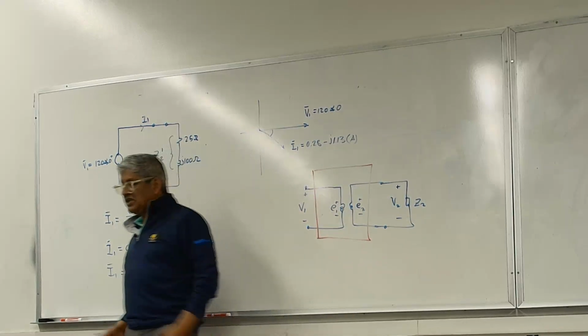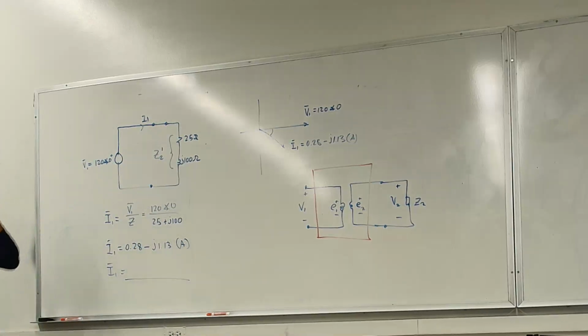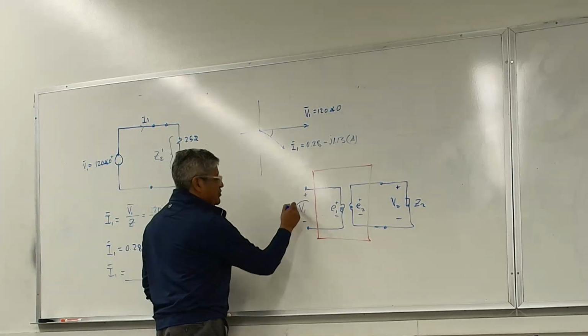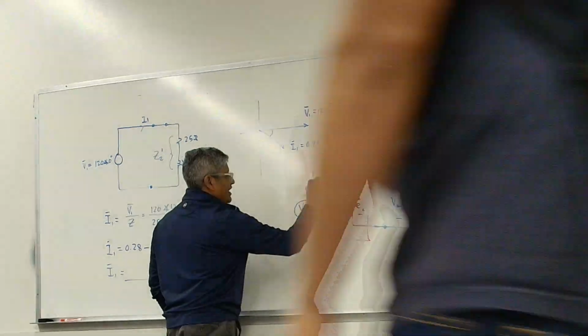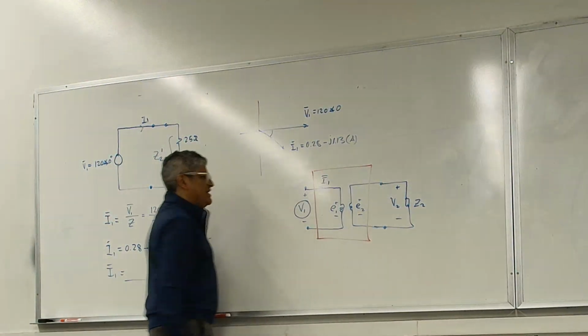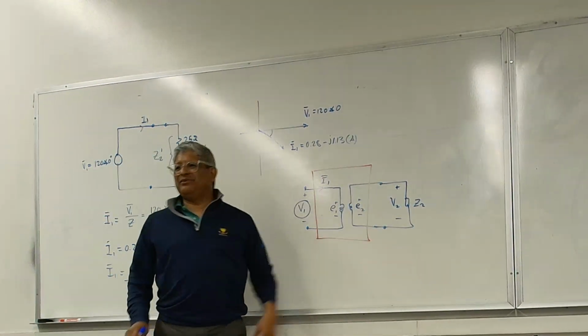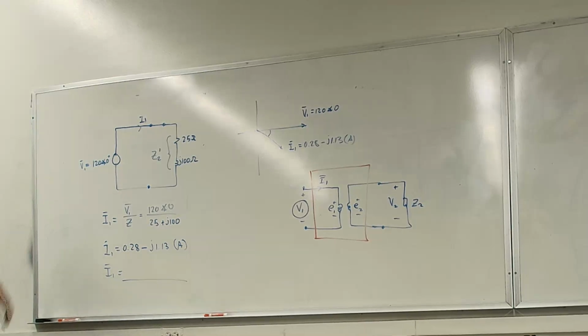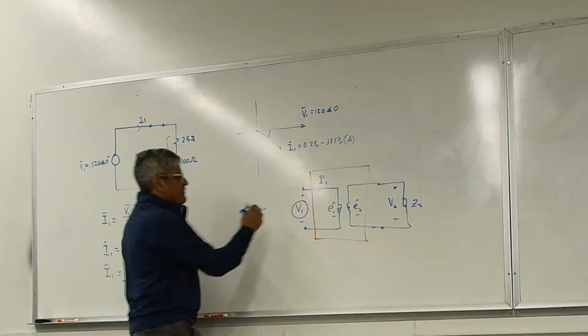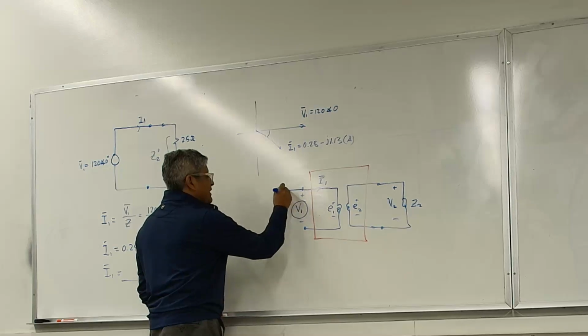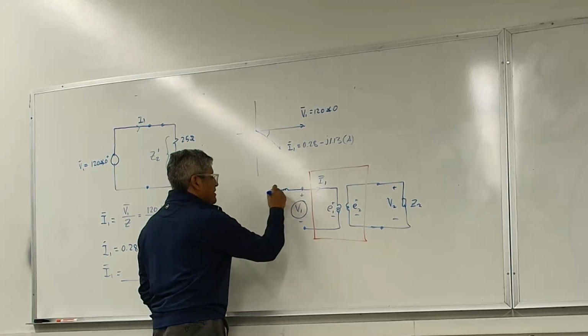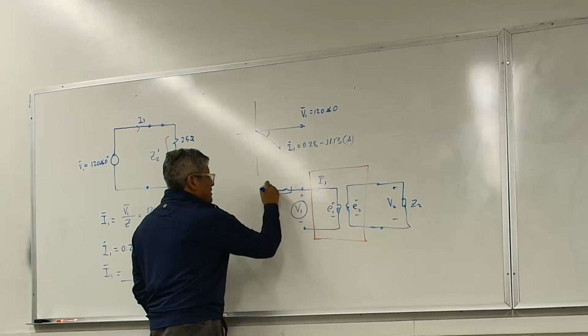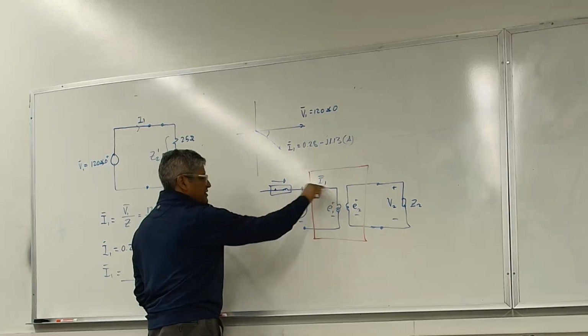Or what you can do is you can say, you know what? If what they're asking me is information on the primary voltage, the current of the primary, I'm not going to deal with the secondary. I don't care what's going on with the secondary. Let me give you an example. Say, for instance, somebody's telling you, hey, there's current going to flow here, E1.